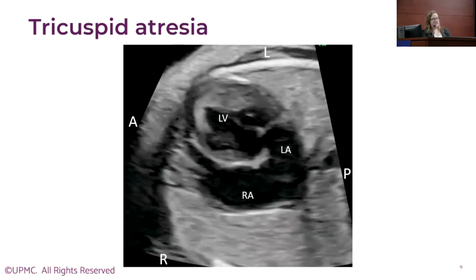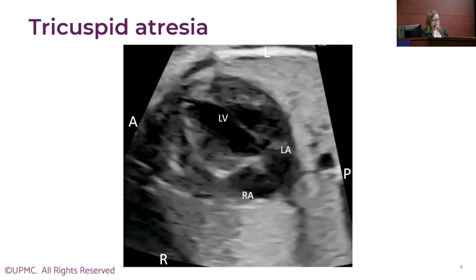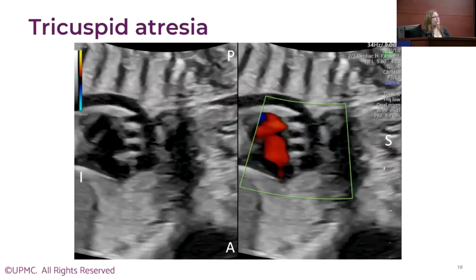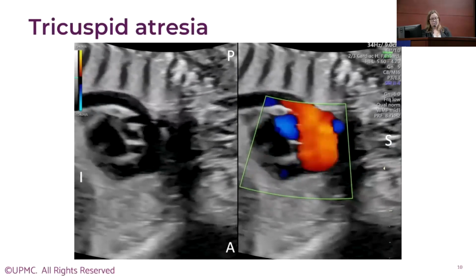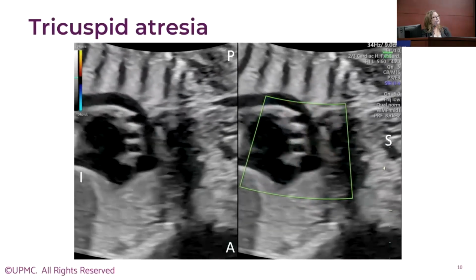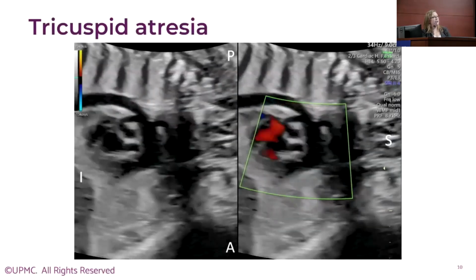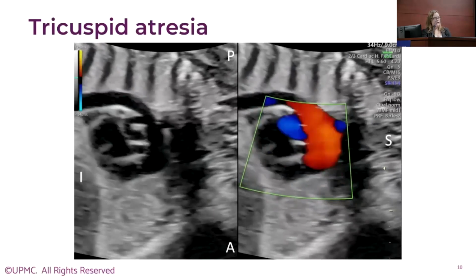This fetus also had pulmonary atresia, and so the right ventricle was very severely hypoplastic and hardly recognizable. In the same fetus with pulmonary atresia, we often see flow provided to the pulmonary arteries from the arterial duct, which in this case comes off the underside of the aorta, and the blue flow seen up there is retrograde flow to the pulmonary arteries.